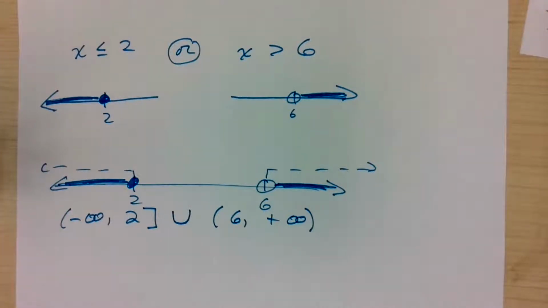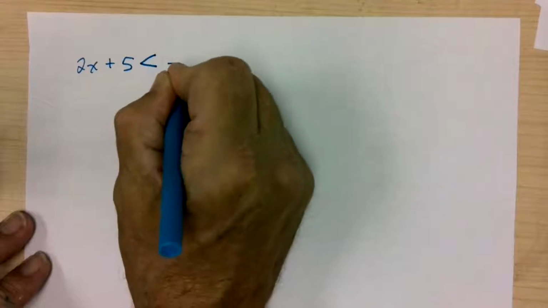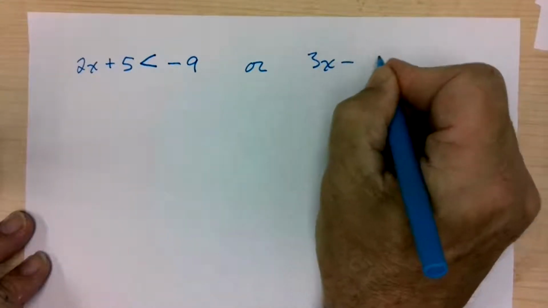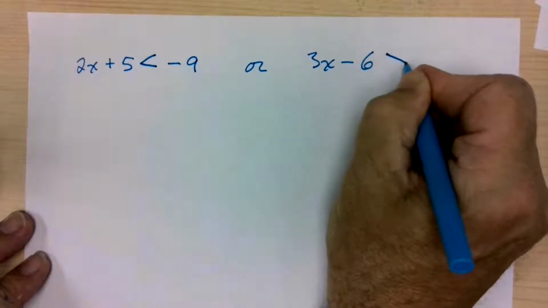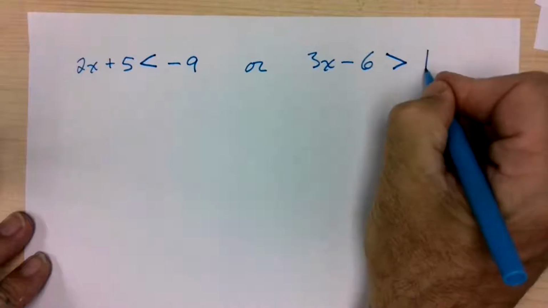So let's do one more of those just to get a feel for how the or questions work. So we will say 2x plus 5 is less than negative 9, or 3x minus 6 is greater than 1.